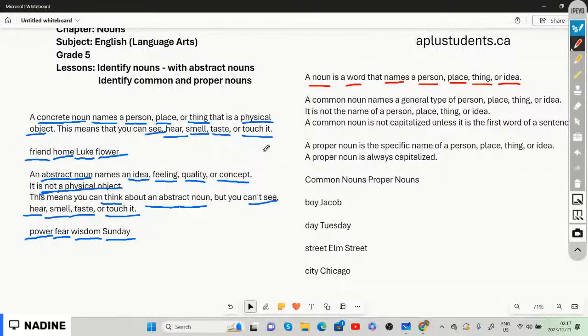So we're basically going to see the difference between a common noun and a proper noun. So a common noun names something general. It's where we generalize. So it names a general type of person, place, thing, or idea.